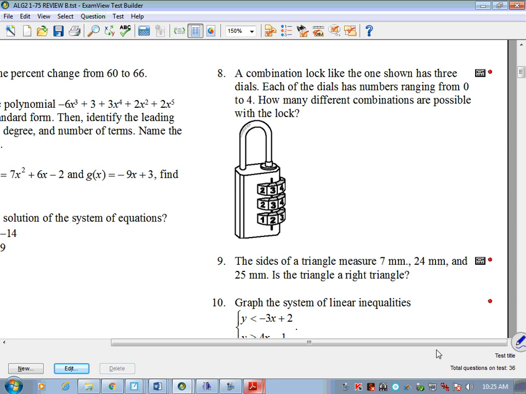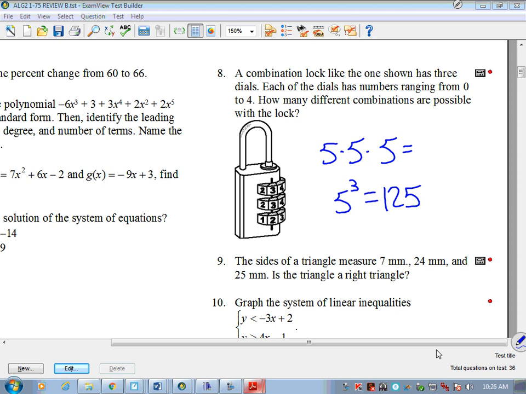All right, so what I have is 5 times 5 times 5, or 5 cubed equals 125. Check my answer. 125. They will very likely change that. They can change that to say it's 0 through 9. If it was 0 through 9, then there would be 10 options, right? And I would get 10 cubed, 10 times 10 times 10.